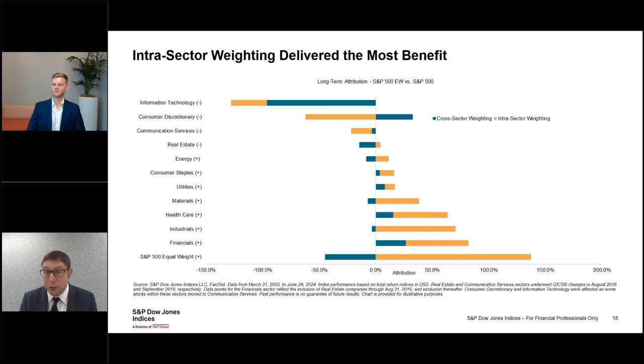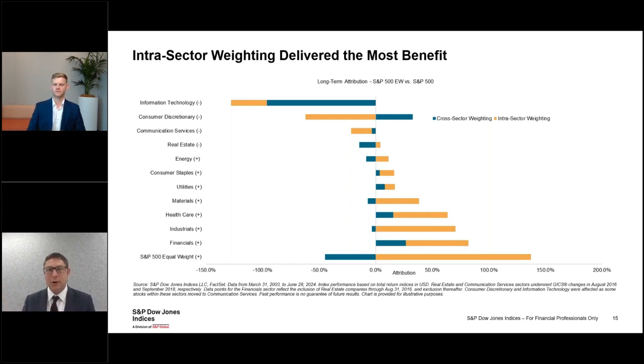And so in the short term, sectoral differences can explain a lot of what's going on. However, interestingly, in the long term, sector differences don't matter a lot. And this is a long-term attribution. The blue bars are essentially showing you how much difference for the overall equal weight index came from under or overweighting that sector.